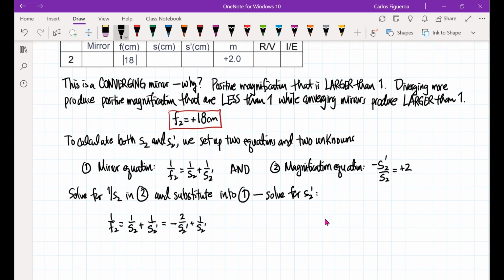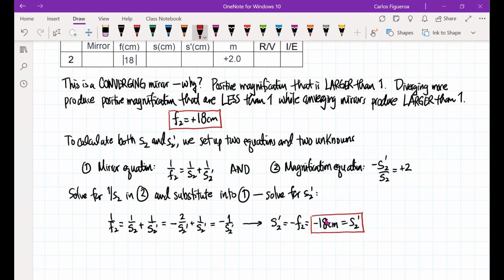And what you're going to see here is that then this immediately gives me minus 1 over S2 prime. So that means I can now solve for S2 prime, which is then going to be really minus F2, but we know F2 is 18, so therefore this must be a negative 18 centimeters for S2 prime. So now I know my image location.